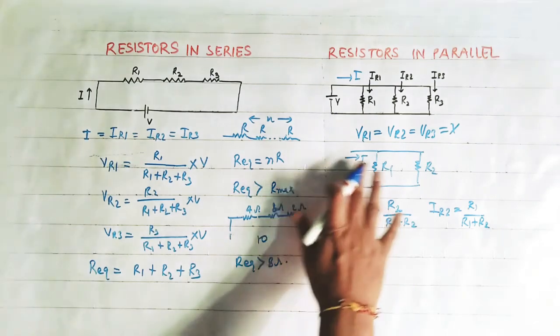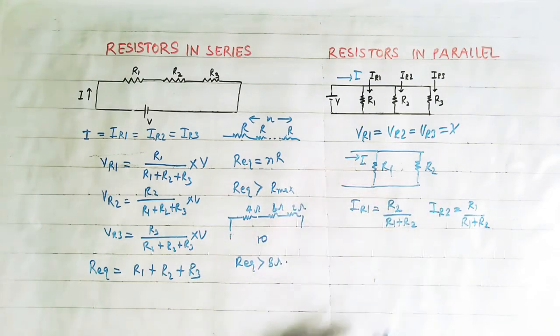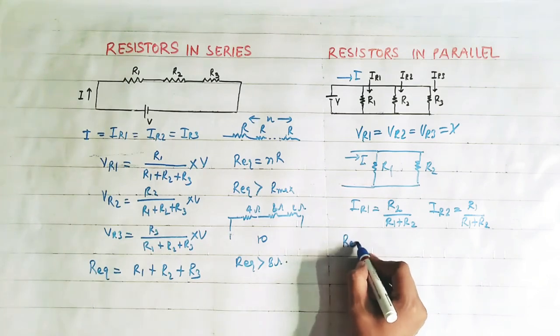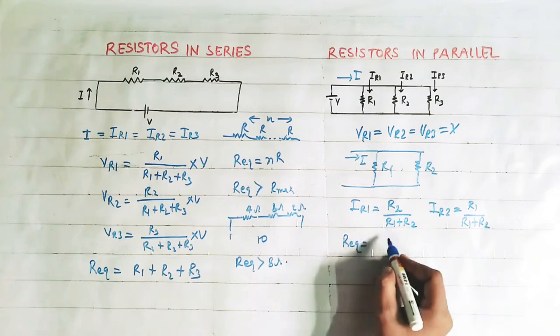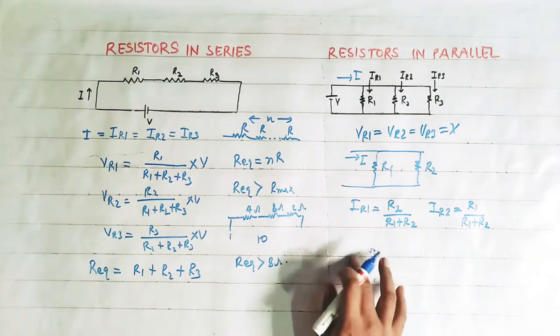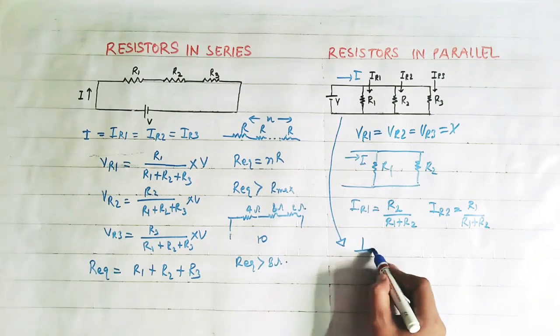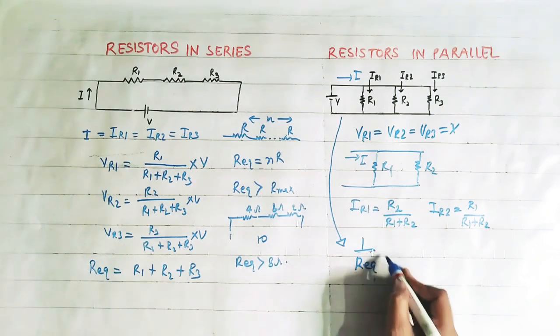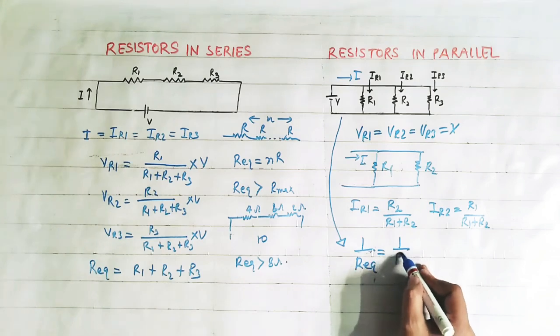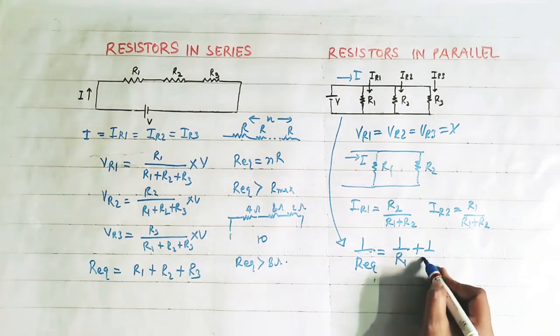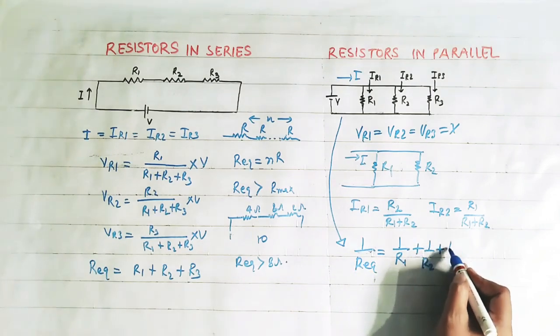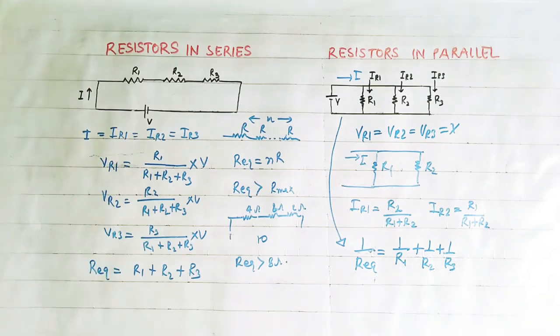It means that the current is divided among these two resistors in the inverse ratio of their resistance. And the equivalent resistance for this circuit is given by 1 upon Req equals 1 upon R1 plus 1 upon R2 plus 1 upon R3.